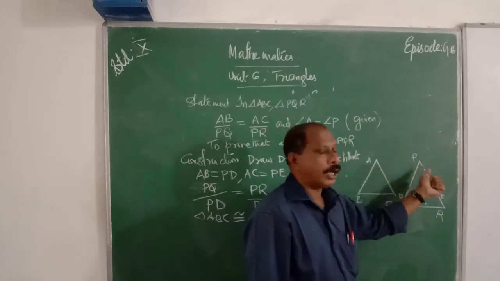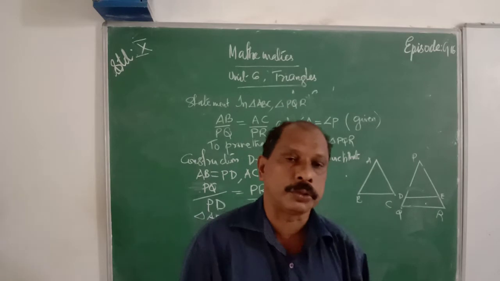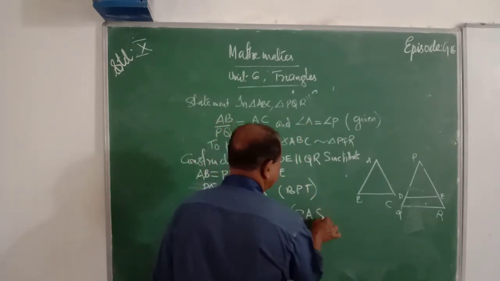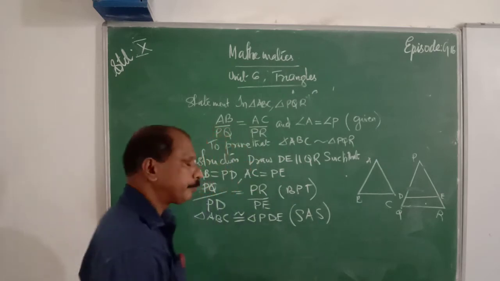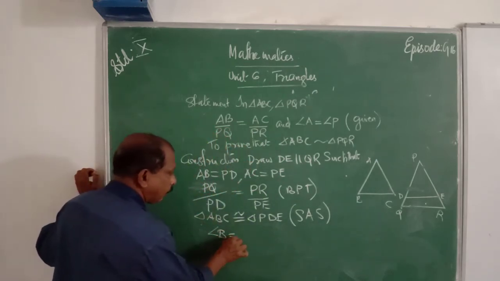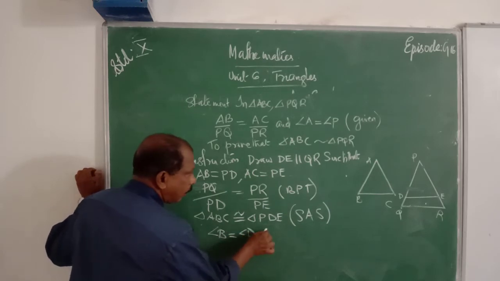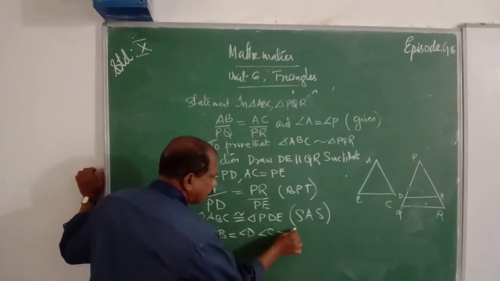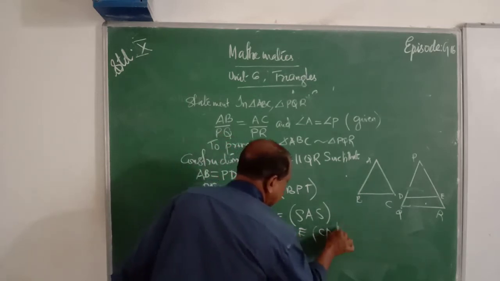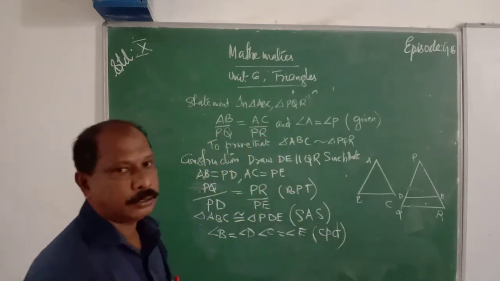Angle A is equal to angle P, given. Therefore, these two triangles are congruent by side, angle, side. Right. Therefore, angle B is equal to angle D. Angle C is equal to angle E. That is CPCT, corresponding parts of congruent triangles. Clear?